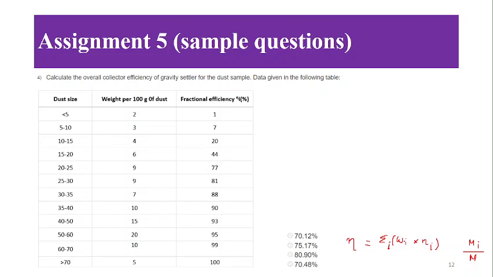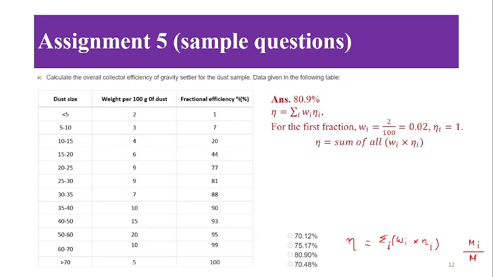And if you multiply it by 1, this will be for first fraction. And similarly for all the fractions we need to do this. So multiply the fractional weight by the fractional efficiency and sum it all. So you will get the overall efficiency. So here is the solution basically.